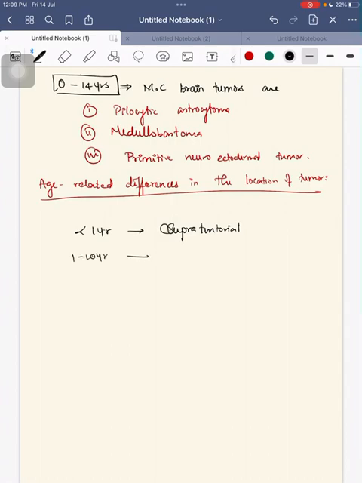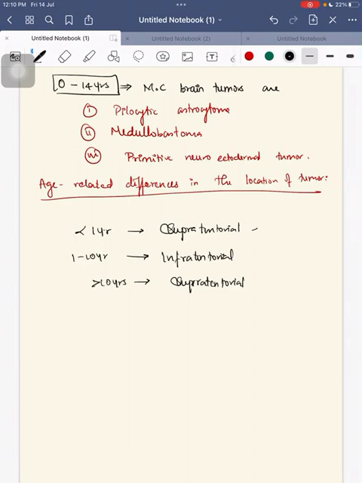In the child between 1 to 10 years, the most common location is infratentorial. And when the child is more than 10 years of age, it is again supratentorial. So it is supratentorial, infratentorial and supratentorial, for less than 1 year, 1 to 10 years and more than 10 years of age.